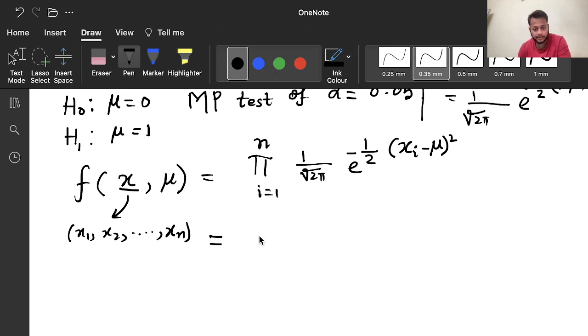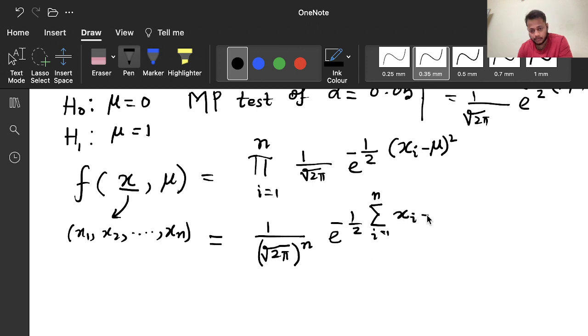Let's simplify it, then it will look like 1 by root 2 pi to the power n e to the power minus half summation of i equal to 1 to n (xi minus mu) square. Then under the null hypothesis, how will this distribution look like?